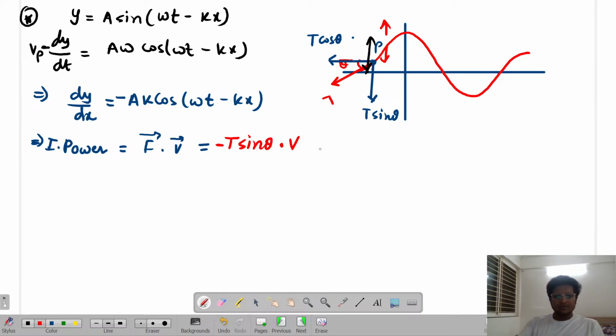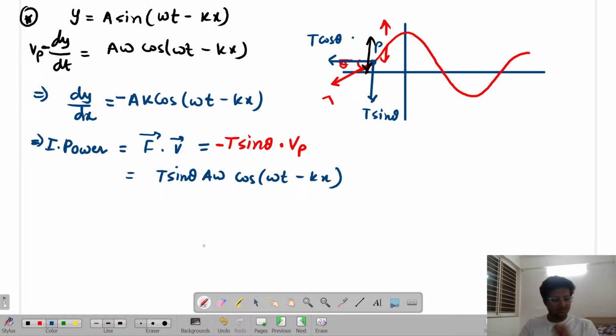Now, if I multiply velocity of the particle, what I will get? I'll get this relation T sin theta. Velocity of particle is A omega cos omega t minus kx. Is that clear? मेरी बातें समझ में आई? Are you able to get me?